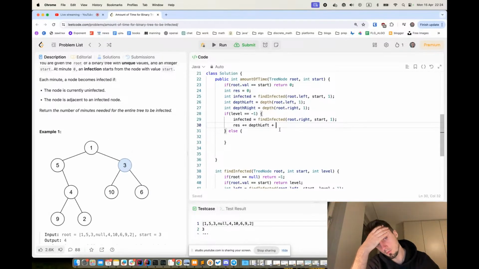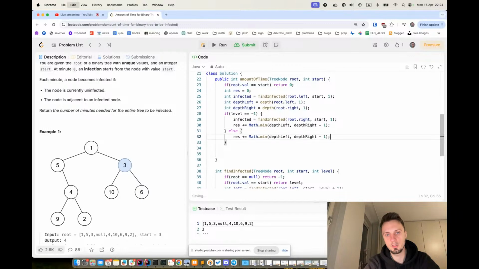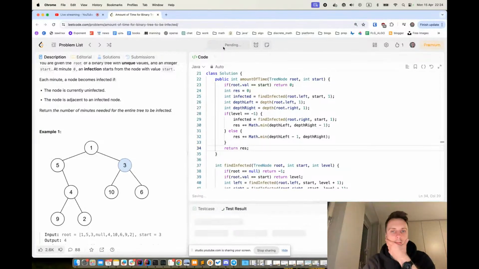Yeah, so it would be 4. And here we should return the minimum of depth left plus depth right minus 1. Otherwise, it should be something like this. And we return our results. Well, let's check.